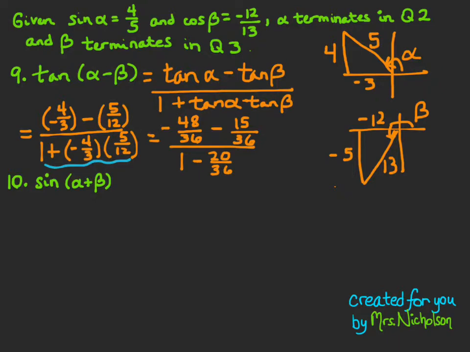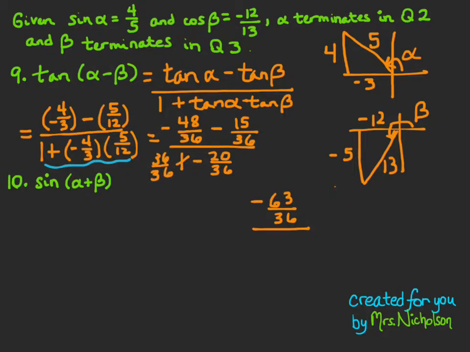And now let's see where I'm going to go on my screen. I think I'll drop down here. So in my numerator, I have negative 48 and 15, negative 63 over 36. And then in the denominator, now I still have that 1, but that 1 can become 36 over 36.